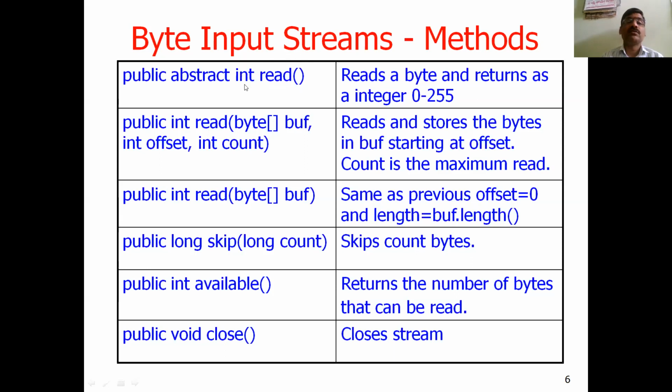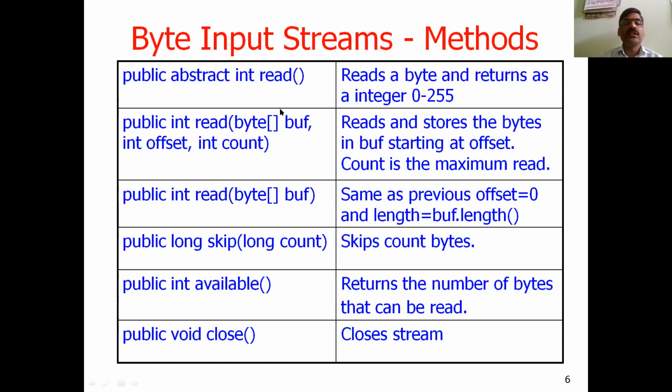That integer value is in the range of 0 to 255 because we have 256 ASCII characters. So once we read a byte, its equivalent ASCII code, which is of int type, will be returned. Next, coming to the second version of the read method, which again returns int type.